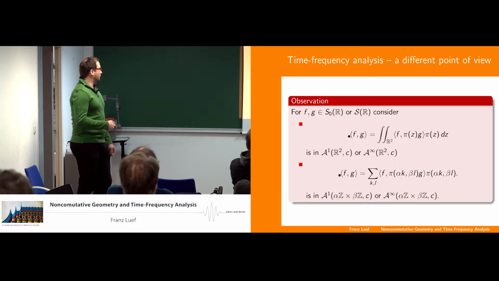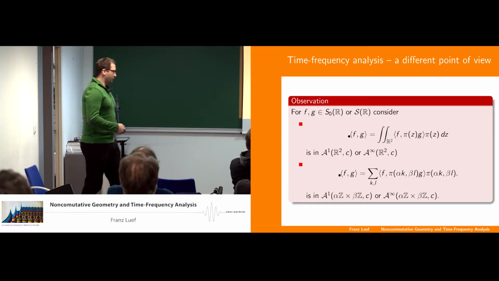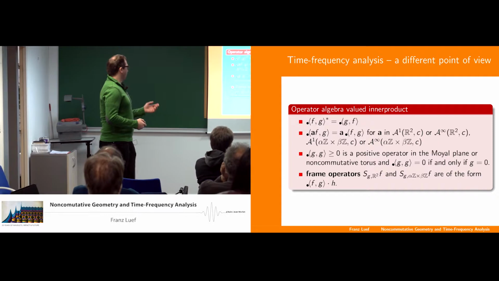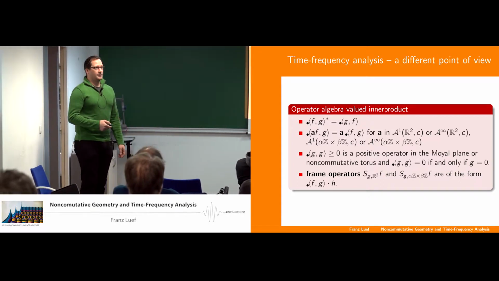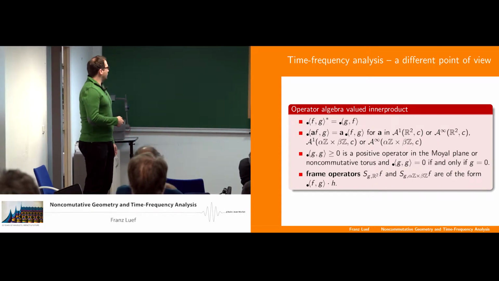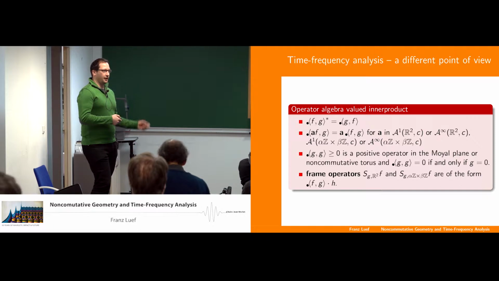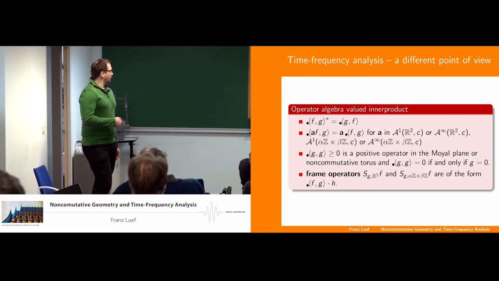And that's the first observation, and it's even better. So it's really what you would think of as an inner product in the Hilbert space case. So if you take the adjoint in the algebra, and here you have to take it with respect to this twisted convolution, then taking this star means just interchanging f and g.